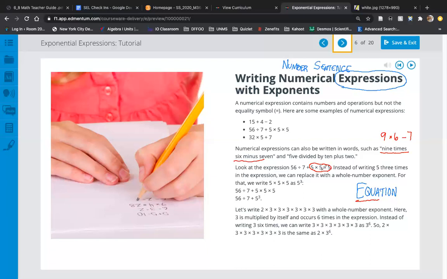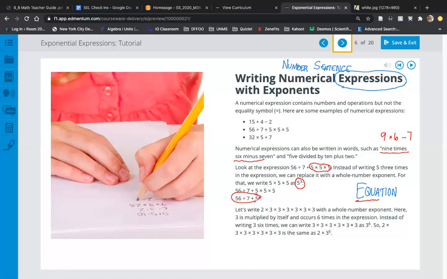So instead of doing that, we would use the relationship that, okay, I have 3 5s here, so my exponent is 3, the base is 5. A simpler way of writing that would just be writing 5 to the power of 3, right? So basically, they take this expression here and rewrite it, replacing this 5 times 5 times 5 with just this 5 to the power of 3, right?